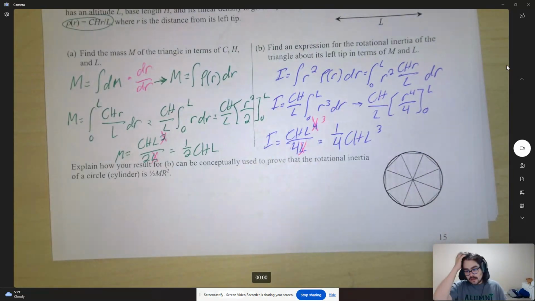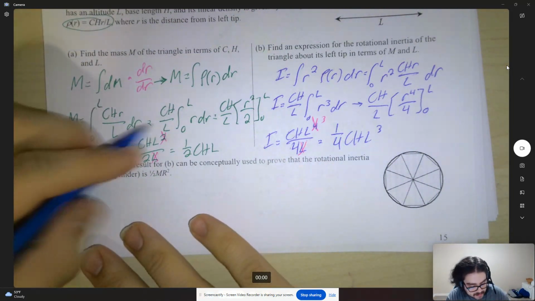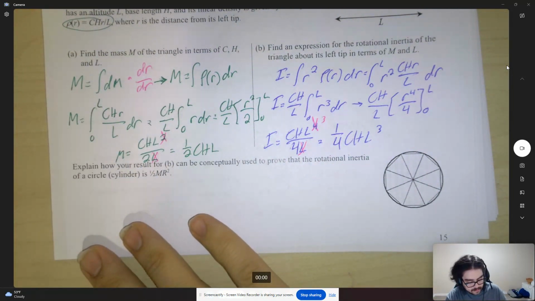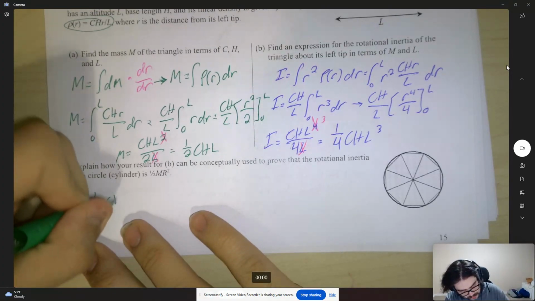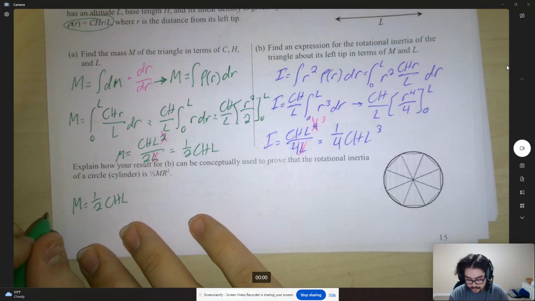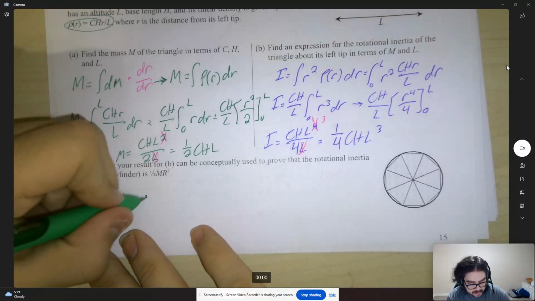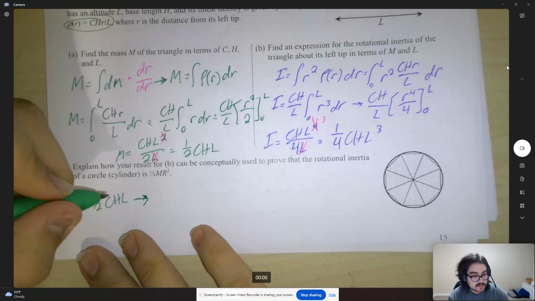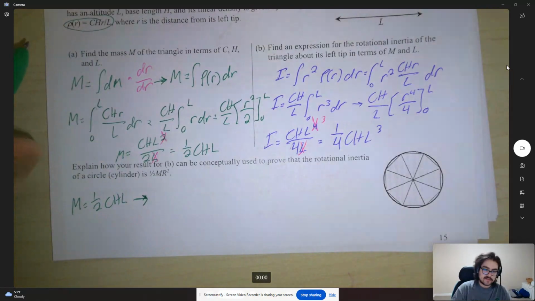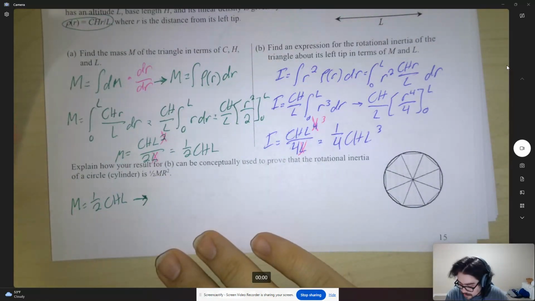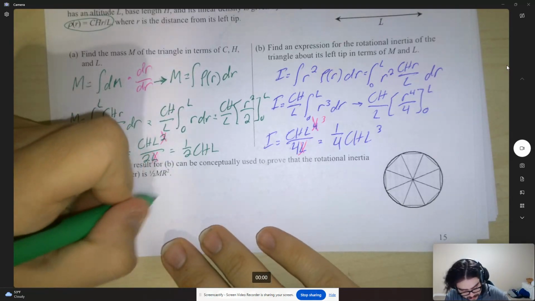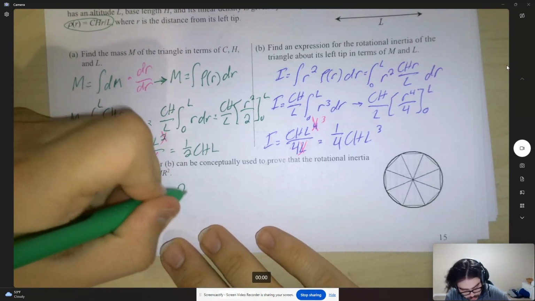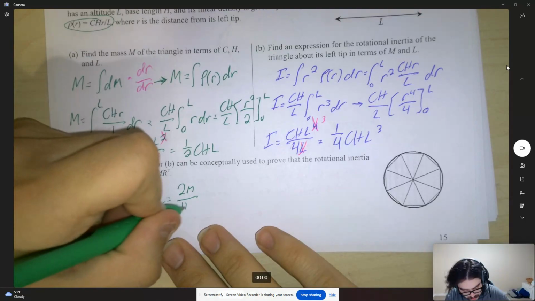What I'm going to do is take my mass that I got earlier. Mass is equal to 1/2 CHL. And if I get C by itself, which, by the way, is some constant, usually it stands for the thickness of the object, if I multiply by 2 and divide by HL, then I end up getting that C is going to be equal to 2m over HL.